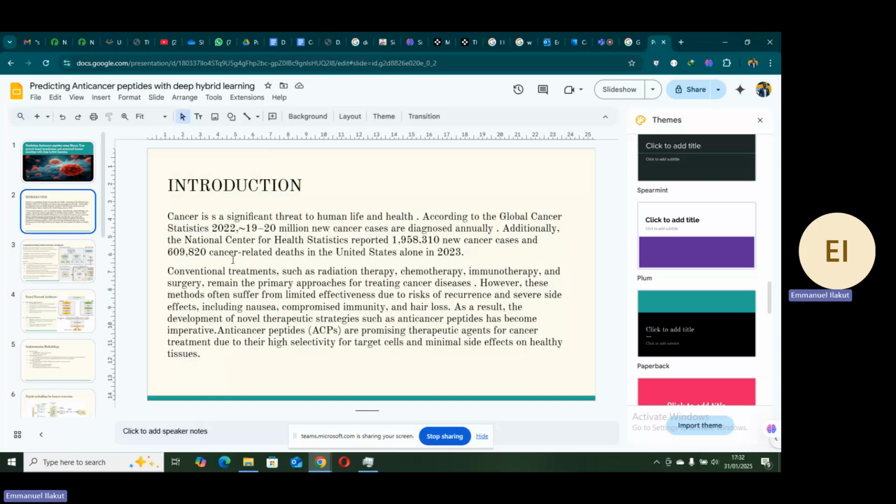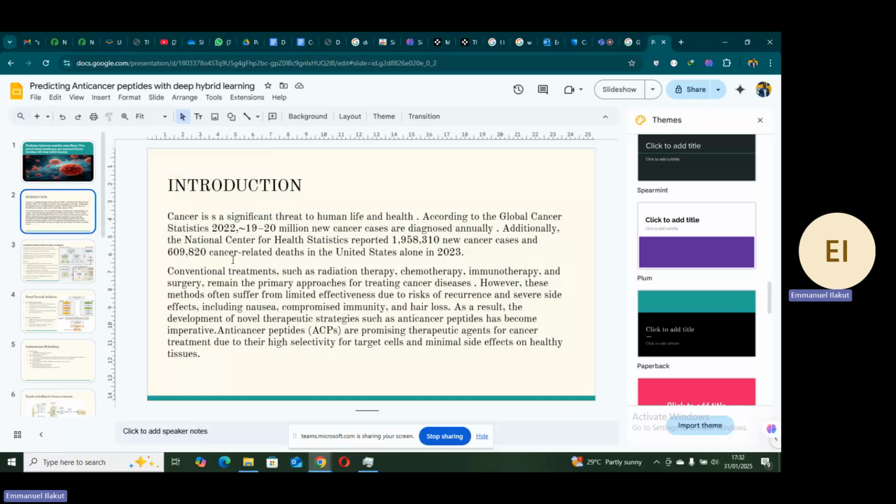While traditional cancer treatments like radiotherapy, chemotherapy, and all the other kinds of therapy still remain very valid in the fight against cancer, these methods have been found to be limited in some aspects. For example, there's a high risk of recurrence.